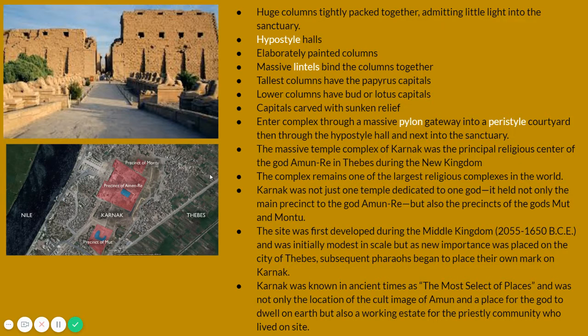Like I said, the site was first developed towards the end of the Middle Kingdom. It took a long time, 2 dynasties to complete, but most of it was added onto and completed during the New Kingdom. Okay. Karnak was known in ancient times as the most select of places, and not only was this a location of the cult image of Amun, but also a place for the god to dwell on earth.